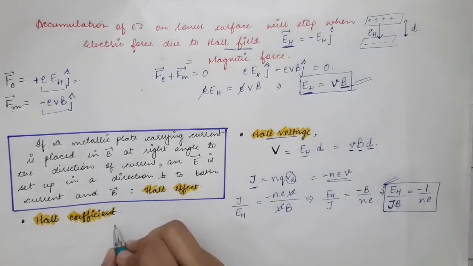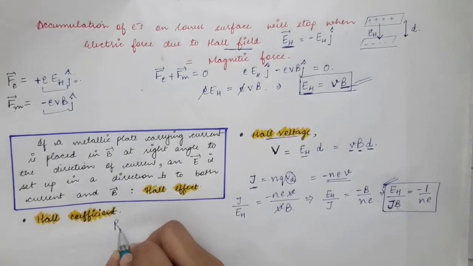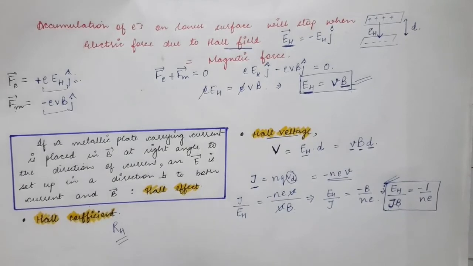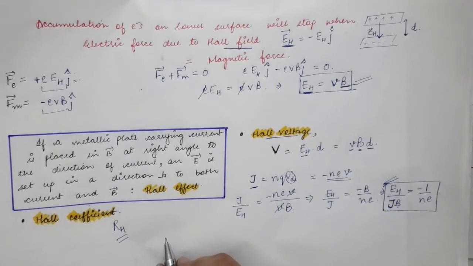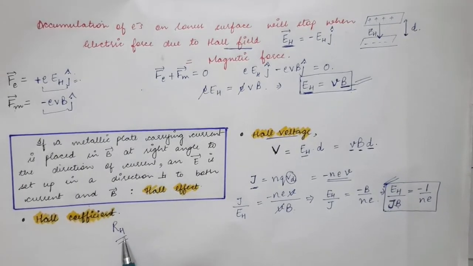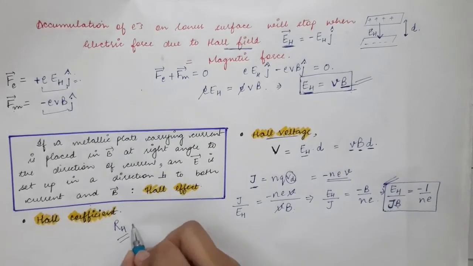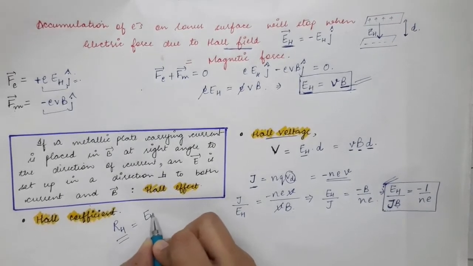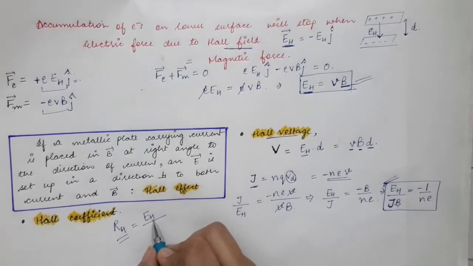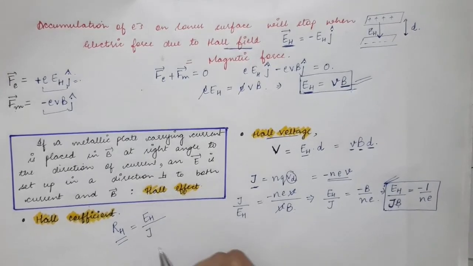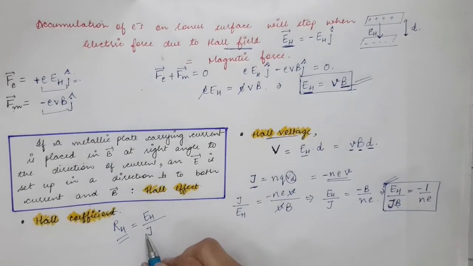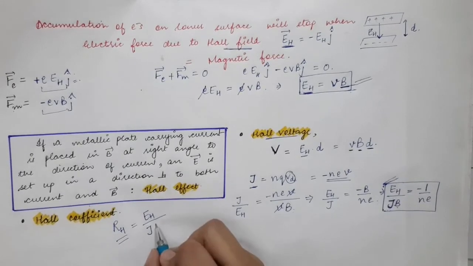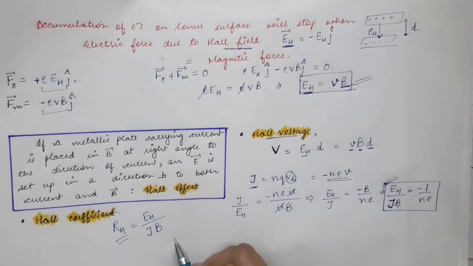This is represented by RH. So the Hall coefficient for a particular material is represented by RH, and it is the ratio of the Hall electric field produced in the conductor, for which J is the current density flowing and B is the magnetic field applied to that conductor.